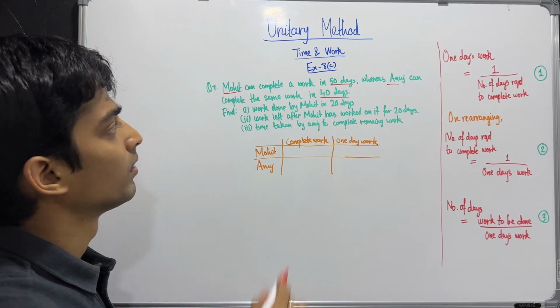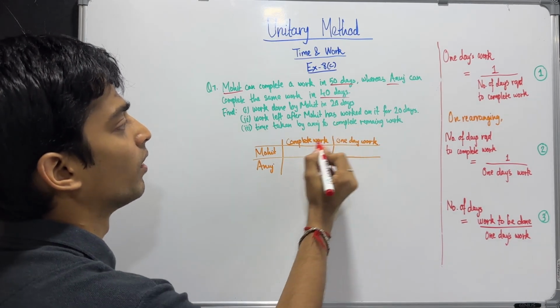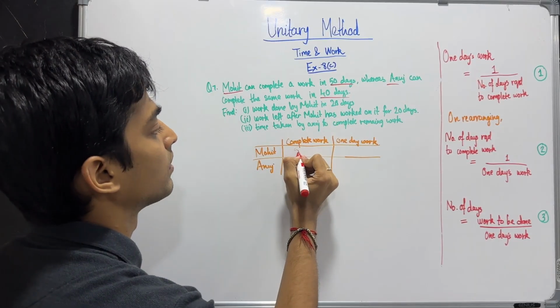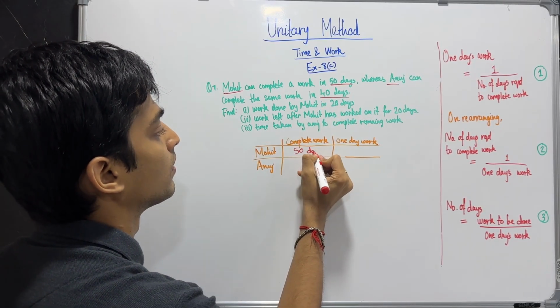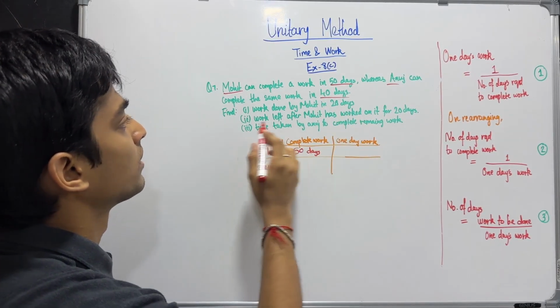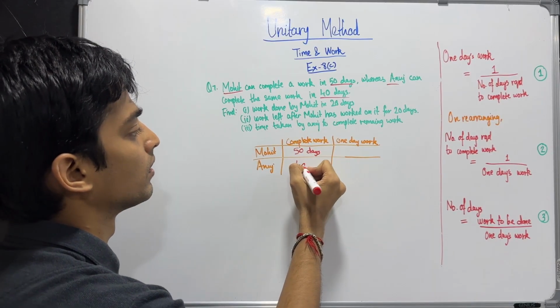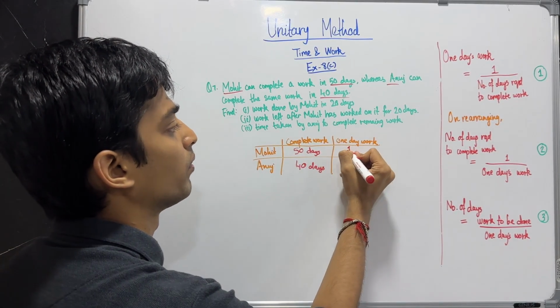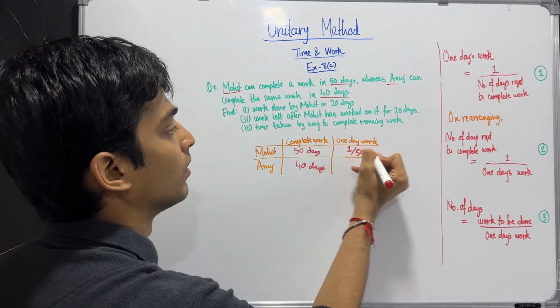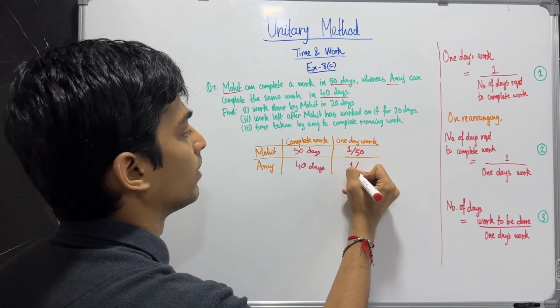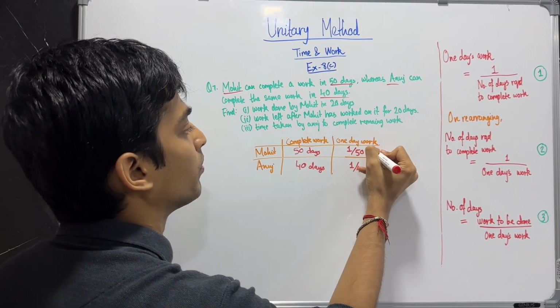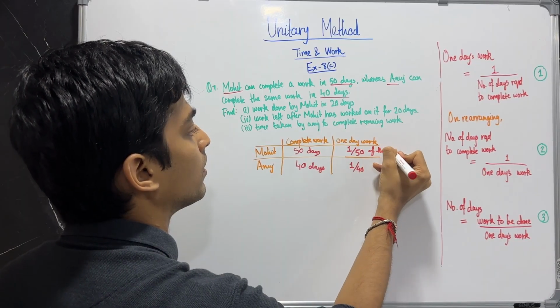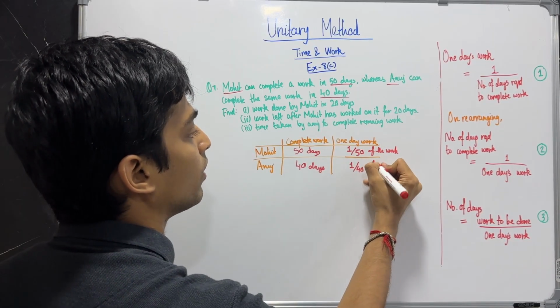For Mohit, complete work is 50 days. For Anuj, 40 days. So 1 day work of each will be 1 upon 50 and 1 upon 40. 1 upon 50 of the work and 1 upon 40 of the work.